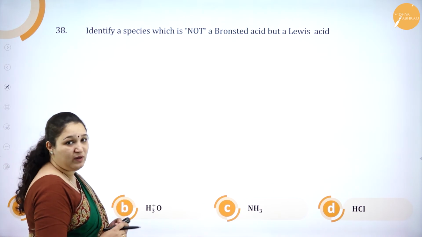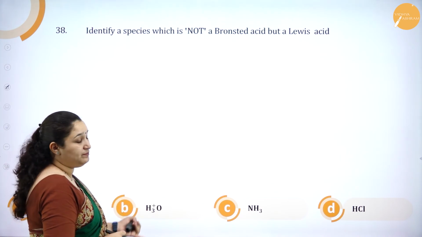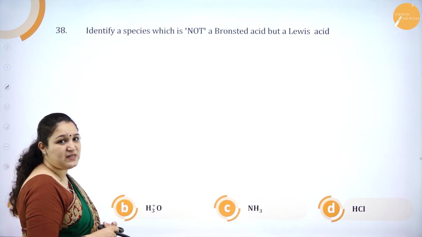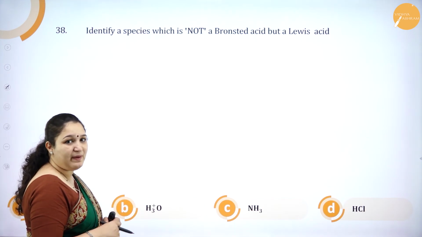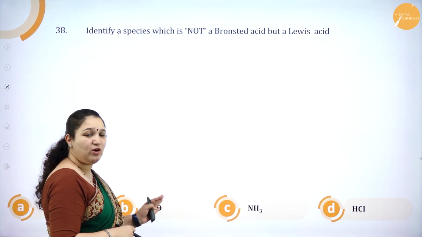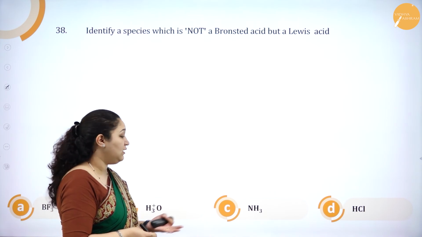HCl we know is a Bronsted acid. H3O plus has taken up an H plus ion, so here it can give away one H plus ion, so it can be considered an acid.